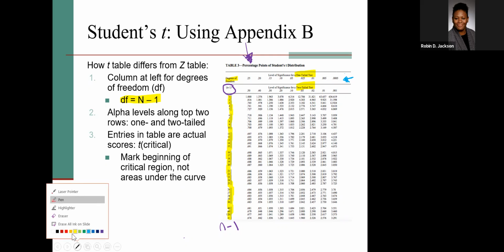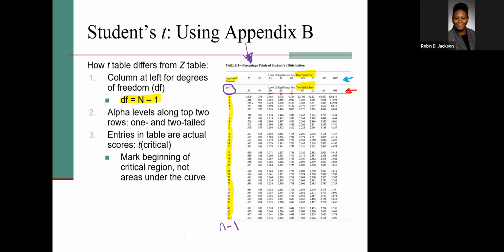Now I'll draw a red arrow. This red arrow, that is your two-tailed test. And what you're going to look at are these numbers right here. Okay, I don't know how well you can see those, but these numbers right here. That's what you're going to look at for the two-tailed test. For the one-tailed test, you look at these numbers.